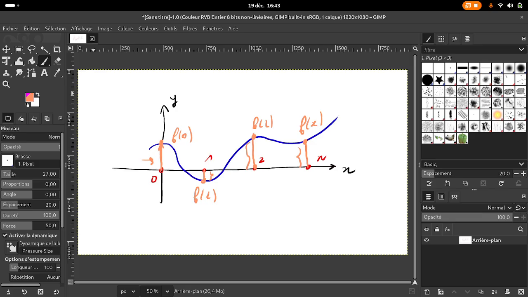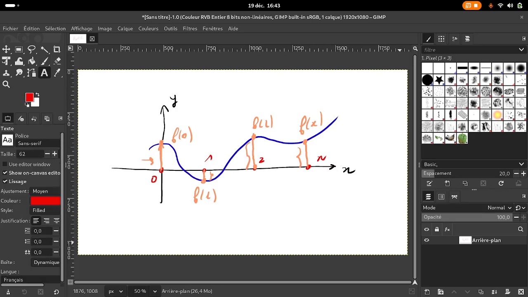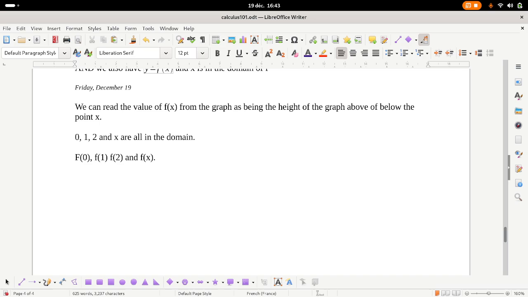Since I like this function, I will copy it later. Now if I come back to the thing I wrote, it's much simpler.